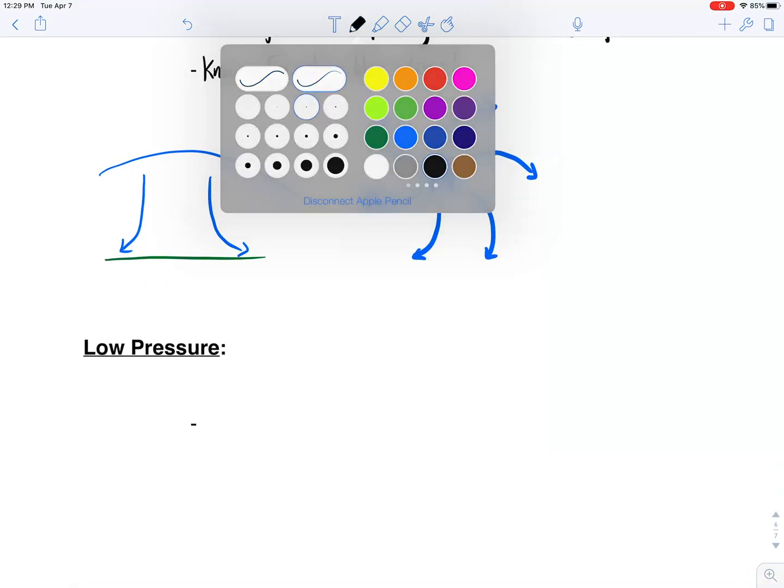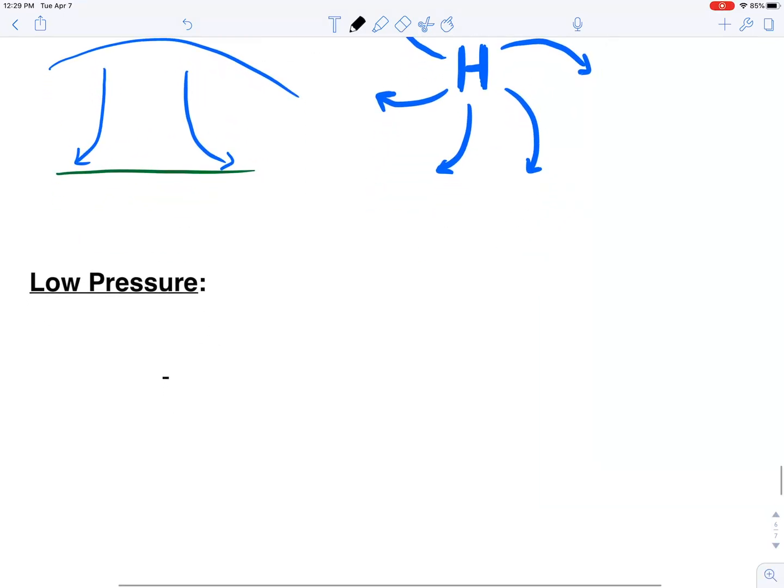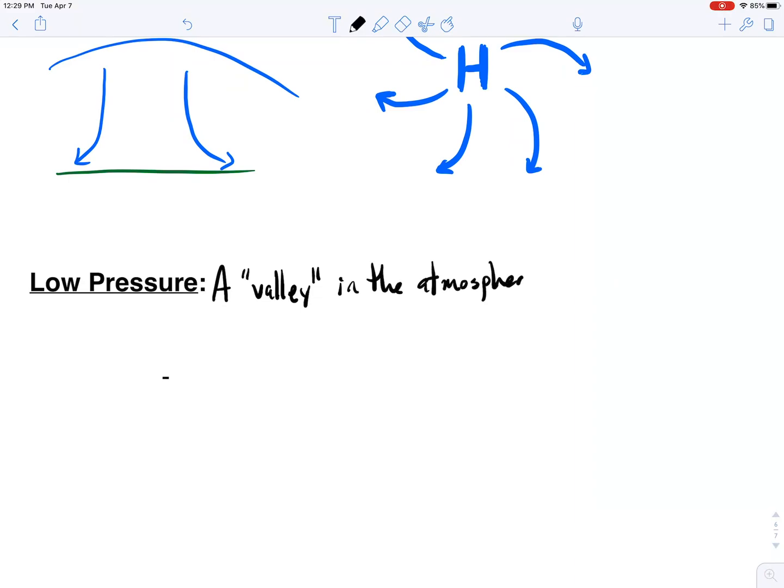Now let's think about low pressure here. Low pressure is going to be basically the exact opposite. I'm going to call it a valley in the atmosphere.